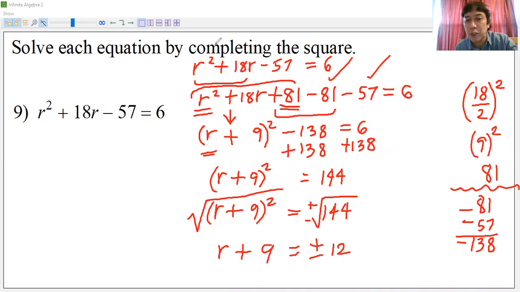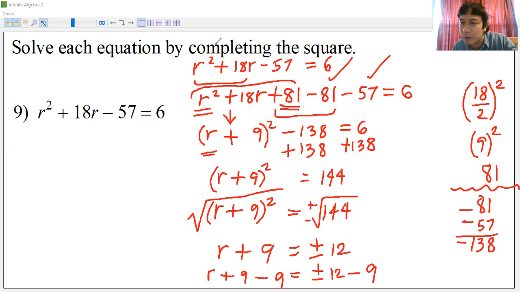And then we will continue by transposing the 9 to the other side by subtracting 9. Okay. So we will have here r plus 9, and here is plus or minus 12. So subtract 9 and subtract 9. All right. What happens next? The right side will just be r.